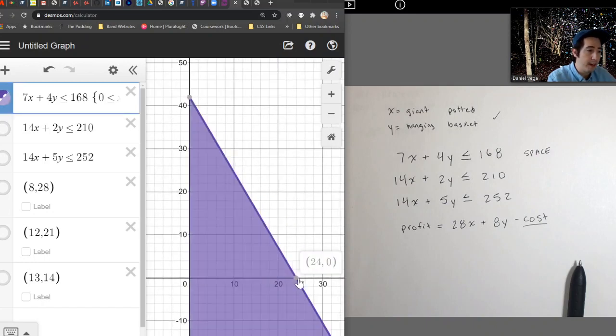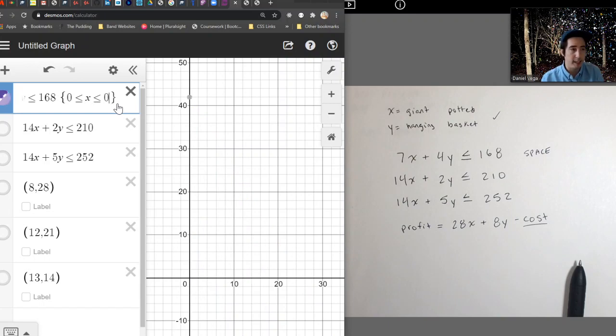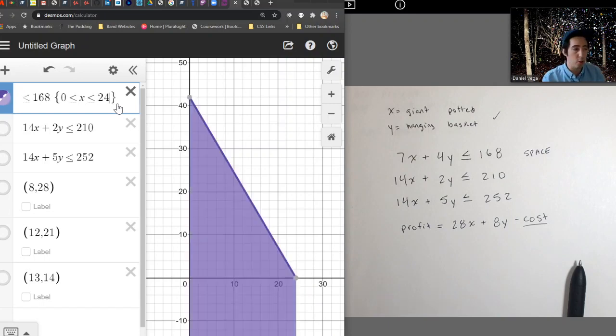Or you could buy 24 giant potted plants and have 0 hanging baskets because of space. So the amount of giant potted plants you could have is anywhere between 0 and 24. You could have any combination of those.